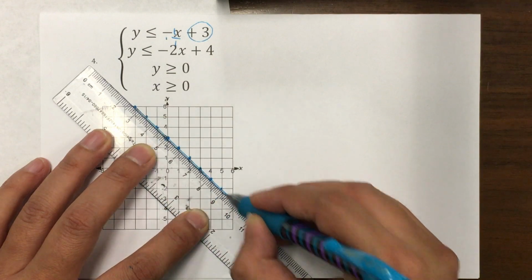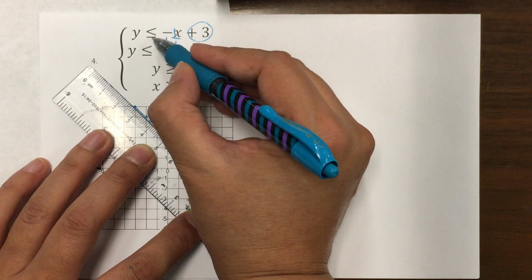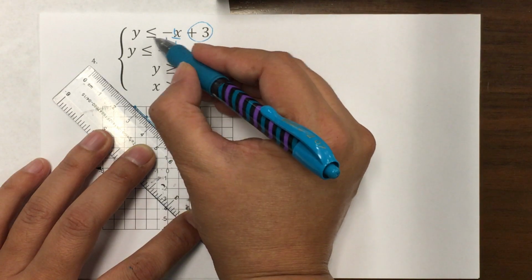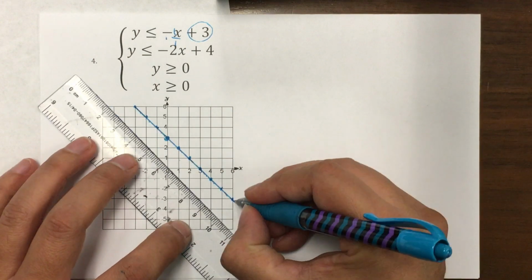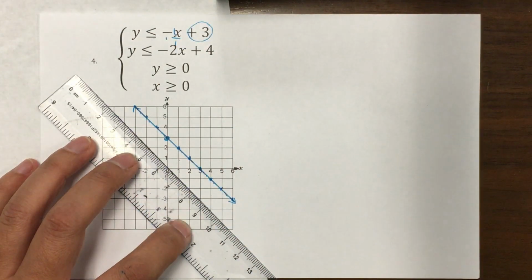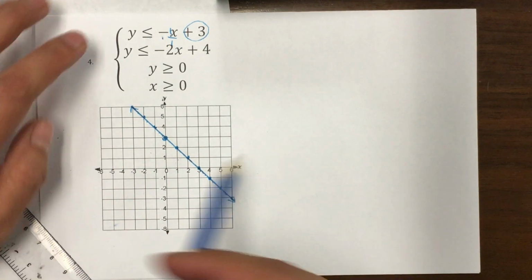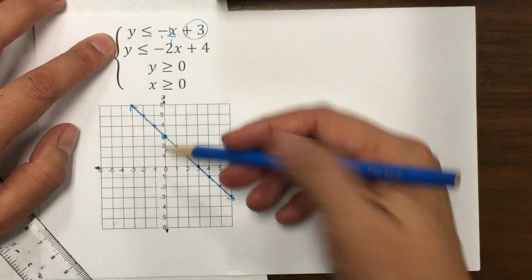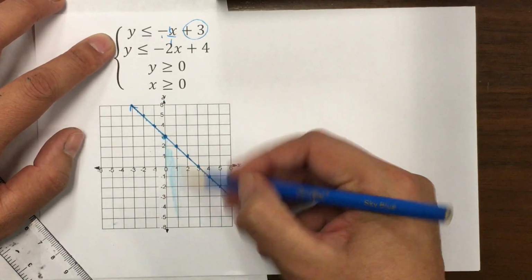Remember that it's solid only if it has the little, I said, think of this as a little pencil. If it has a pencil, then you have more ink for the line. If it has no pencil, that means that you have less ink on the line. Okay, y is less than is on the bottom, below the line.